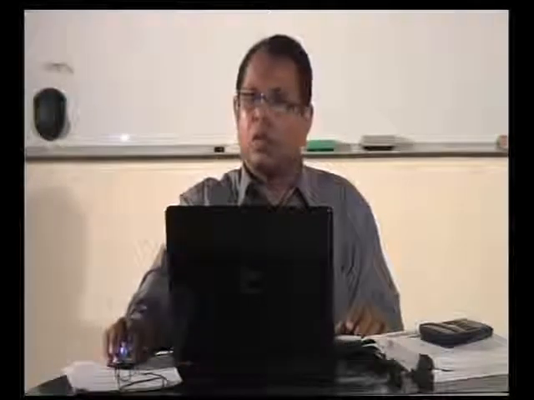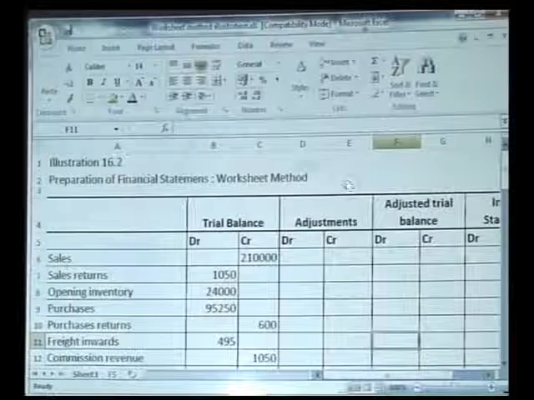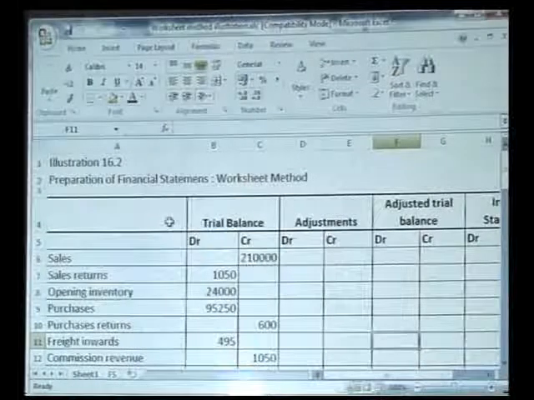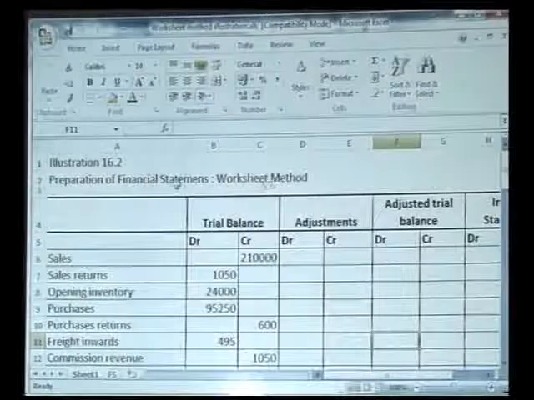Now let's work out a question, because by explaining like this you cannot prepare financial statements using the worksheet method. Therefore, let me explain how to prepare using the worksheet method.